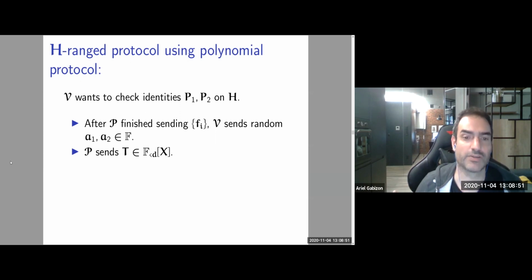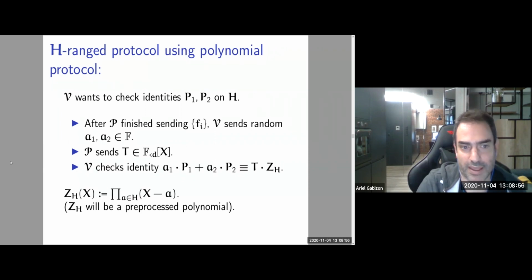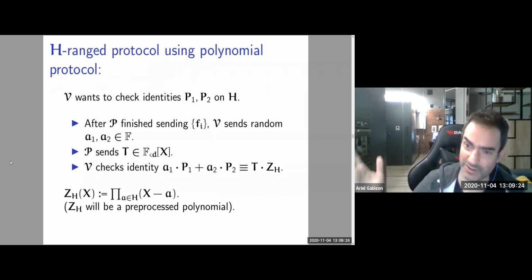The prover will send some additional polynomial T. And now V will check the identity A1P1 plus A2P2 is equal to T times ZH, where ZH is the vanishing polynomial of the set H. So if both identities held on H, it means that both P1 and P2 were divisible by this ZH.